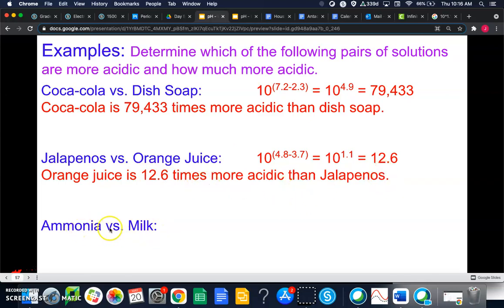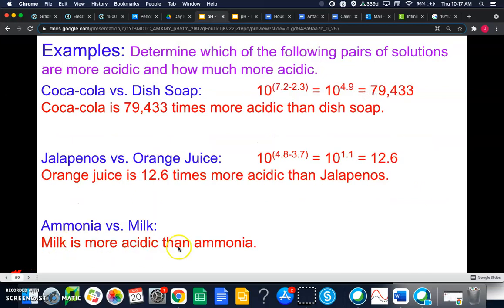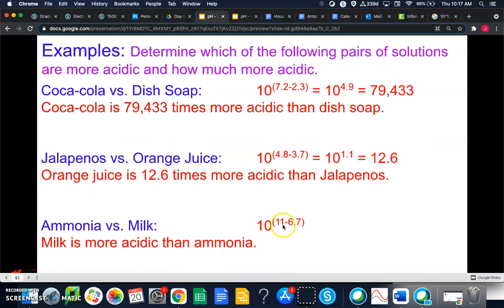Last up, we're going to do ammonia versus milk. So ammonia has a pH of 11. Milk has a pH of 6.7. That means that milk is more acidic because it has the lower pH. So milk is more acidic than ammonia. And so then we're going to take our higher number minus our lower number. So 11 minus 6.7. We're going to do 10 to the 11 minus 6.7, or 10 to the 4.3.